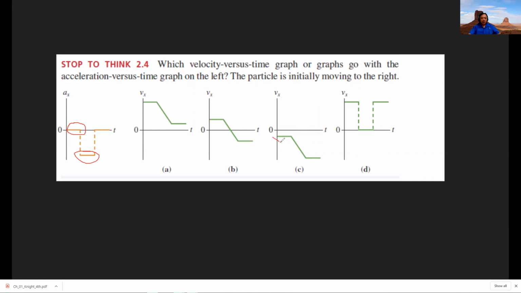That eliminates this one, and it also eliminates this one because there is no negative slope, everything is zero slope. Also this one is eliminated because it has negative velocity, meaning it did not start moving to the right. So you're left with these, and the correct answer is letter A and B.